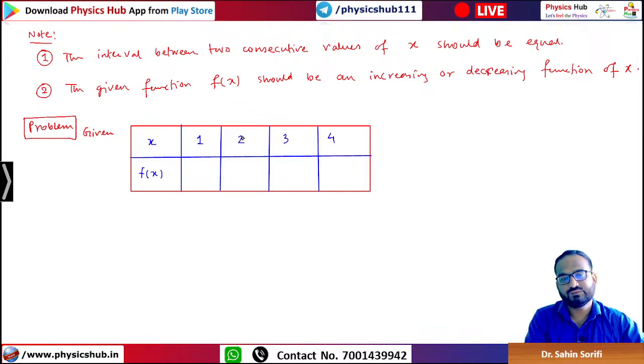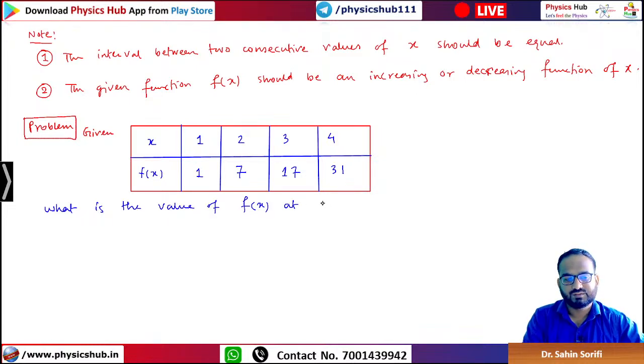These values will always be equidistant for forward interpolation. f of x is 1, 7, 17, 31. What is the value of f of x at x equals to 1.5?